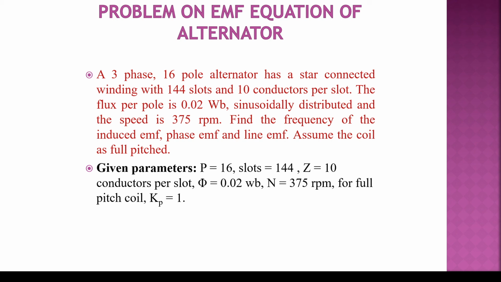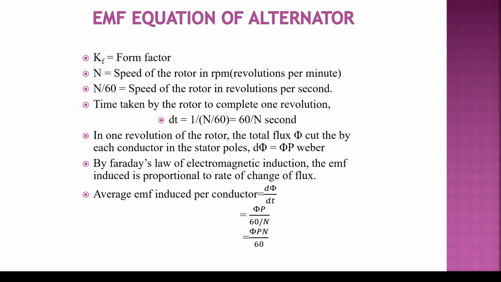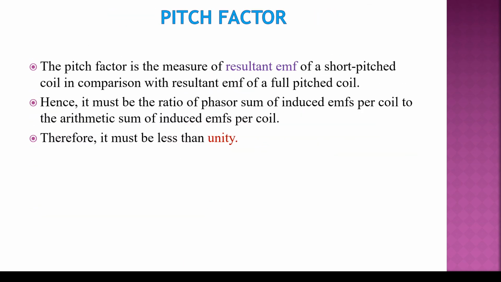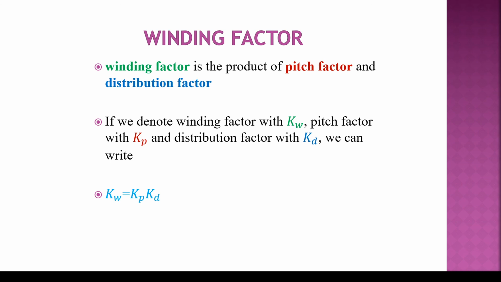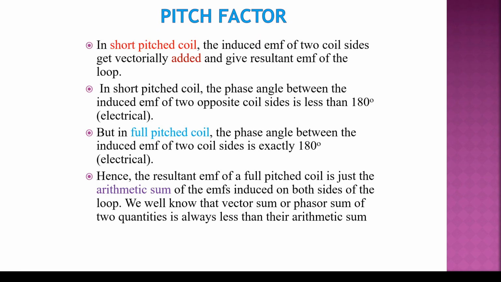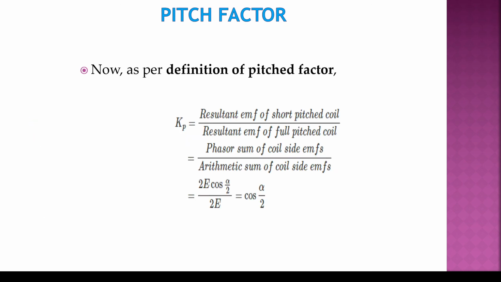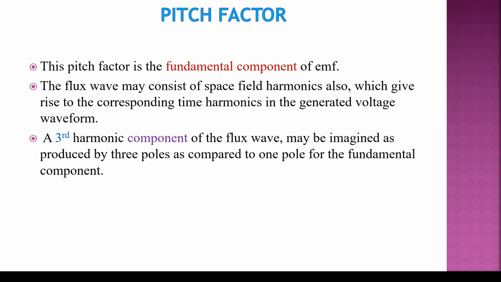So I hope everyone understood this problem. In today's class we have discussed the winding factor, that is, pitch factor and distribution factor, we have found out. What is the definition of pitch factor? Resultant EMF of short pitched coil by resultant EMF of full pitch coil, or it is the phasor sum of coil side EMFs by the arithmetic sum of coil side EMFs. When we substitute the values of phasor sum and arithmetic sum, we got the value of pitch factor as cos alpha by 2.